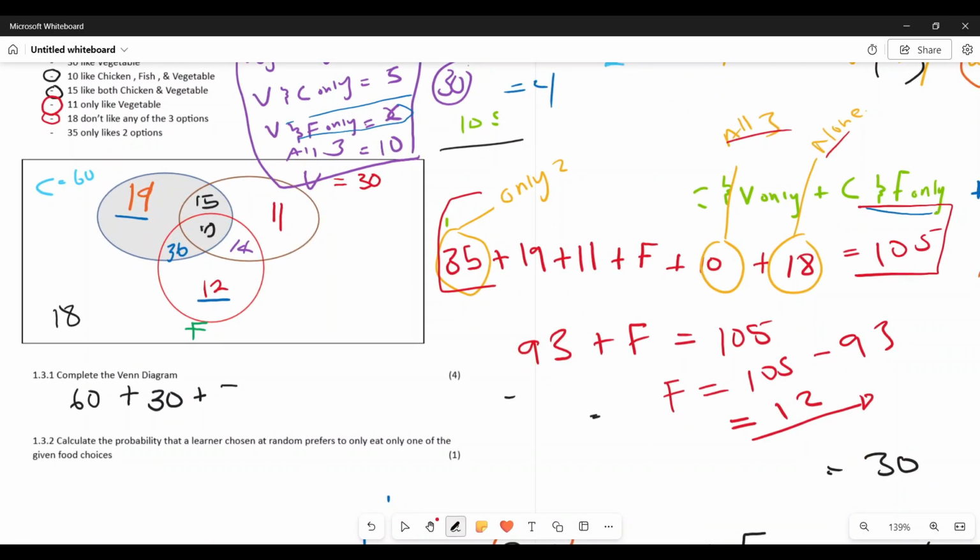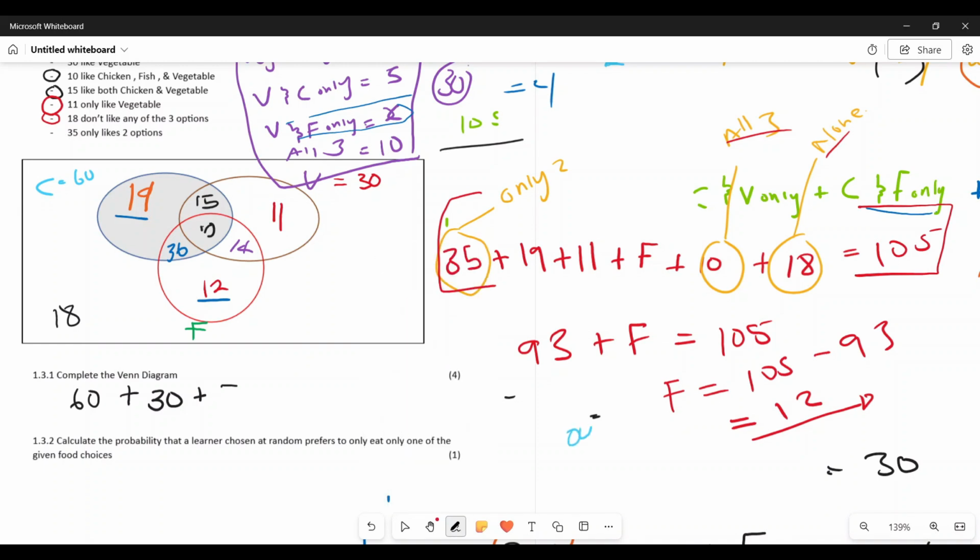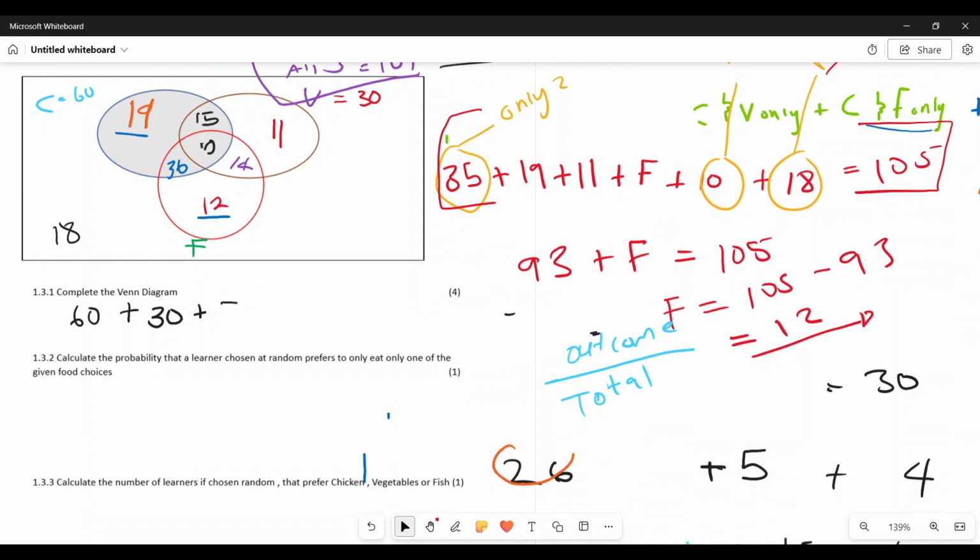Now, 1.3.2, calculate the probability that a learner chosen at random prefers to only eat one of the given food choices. So they only eat one. Remember, what is the formula for probability? Your probability formula is the outcome that you're looking for over the total number of possible outcomes. So here we're going to look at the number of people who prefer only one food.